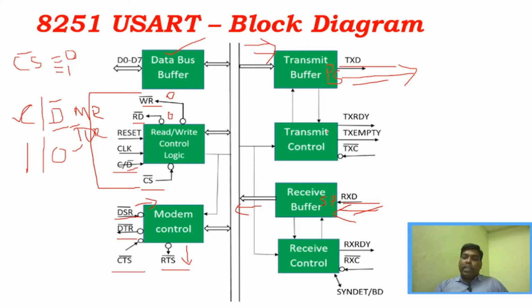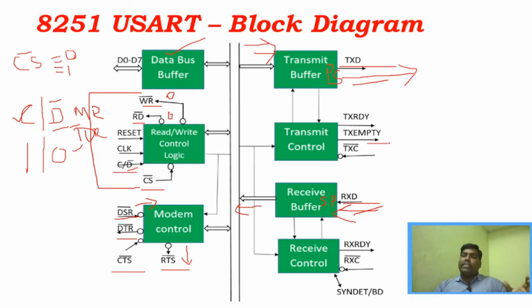And this transmitter control will have three important pins, which is transmit ready, right? Transmit ready in the sense it indicates that the transmit buffer is ready to transmit the data. And similarly, whenever the transmission is over, that is, this transmit buffer is empty, it will be indicated by this pin, TX empty.